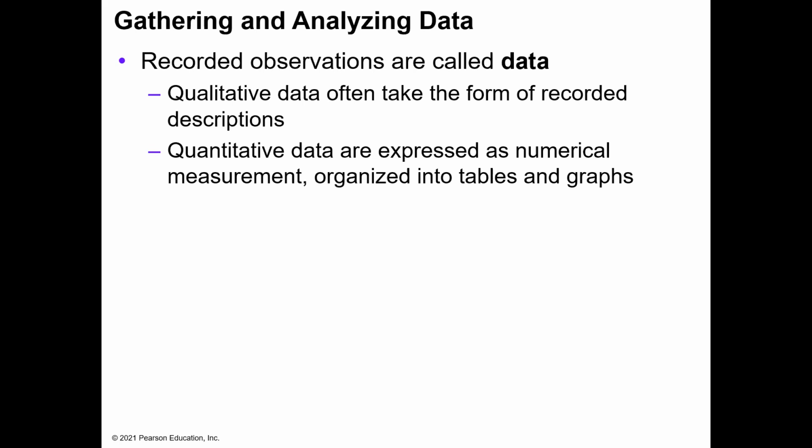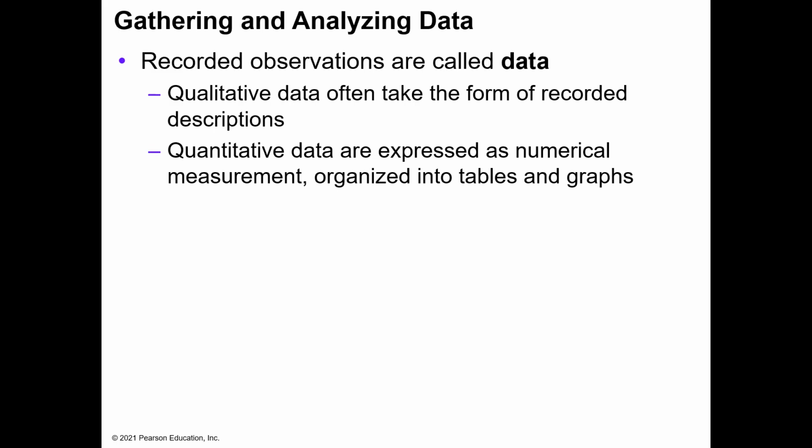When you're gathering information from your observations, we call that data. So recorded observations are called data, and data can be in two different forms. It can be qualitative or quantitative. Qualitative data is in a form that requires a description, for example, the color of something. If you were to describe to me the color of the sky, those words, that ability to describe it, is a qualitative data point.